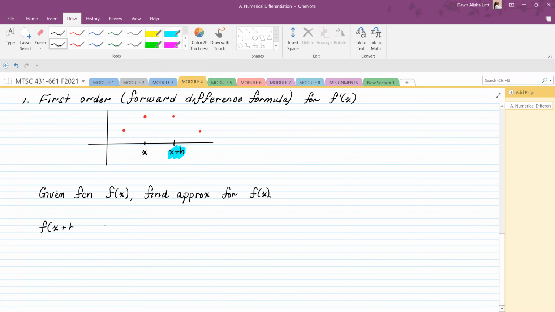On the right side, I have 4 f at x minus f at x, so I get 3 f at x. Now I'm going to get 4 f prime at x times h minus f prime at x times 2h. So that's going to leave me 2 of them.